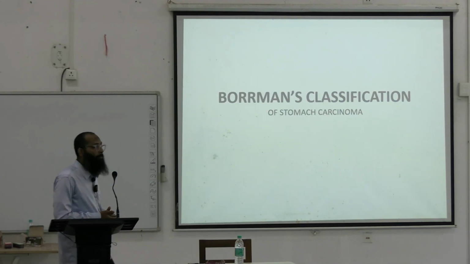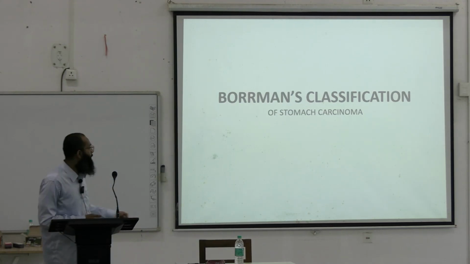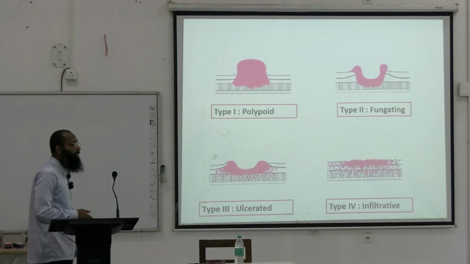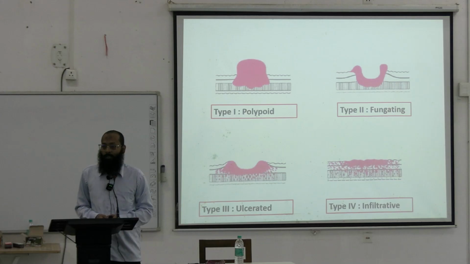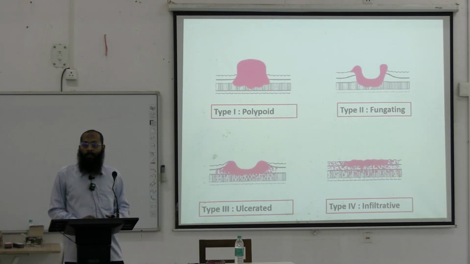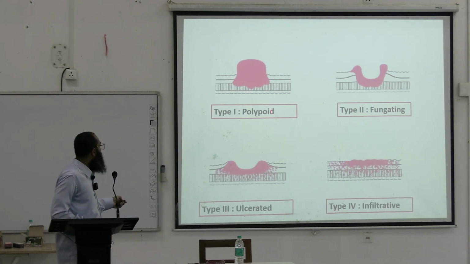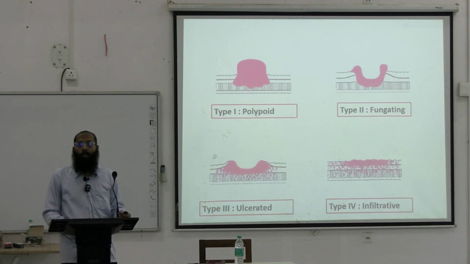First, Borrmann's classification of stomach cancer. Okay? Borrmann classified stomach cancer into 4 types. Type 1, type 2, type 3, type 4. Listen to it clearly. With attention, listen. Type 1 is polypoid.